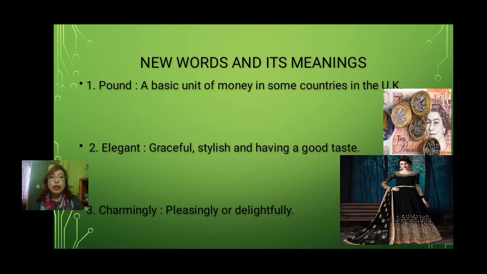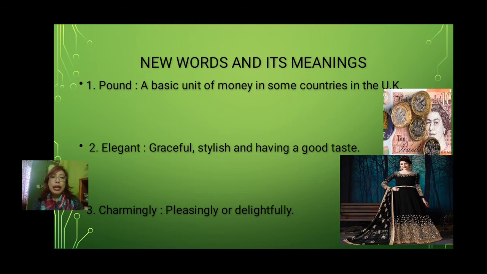Now, the various new words we had come across in this lesson. The first one was pound, which was a basic unit of money in some countries in the UK. So, what is a pound? It is a basic unit of money. Just like in India, we have rupee. And I have mentioned to you in my last class that a pound is equal to 98 rupees and 83 paise.